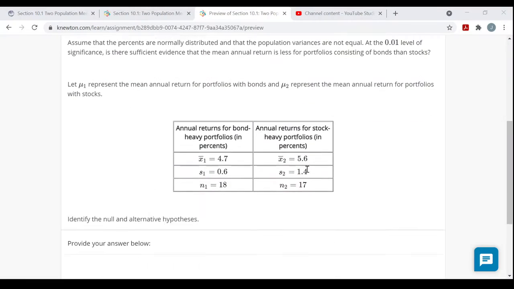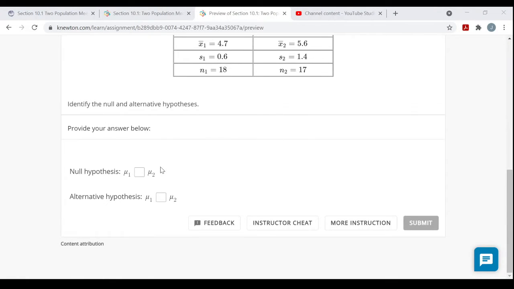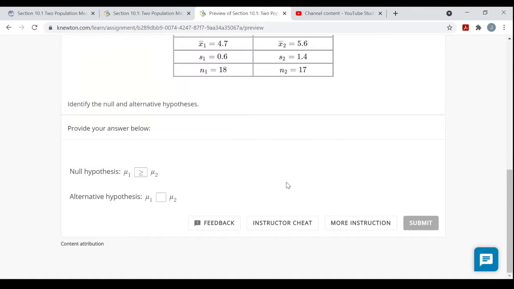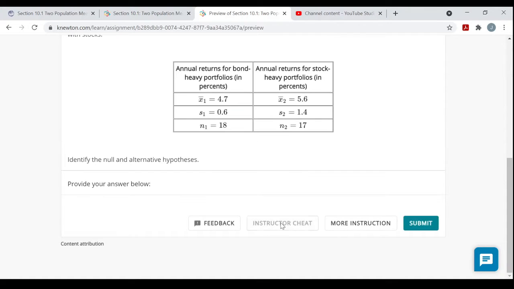Alright, so back here. I wonder if they'll take the greater than or equal to, because usually it's just equal to. Let me see for your benefit. Let me just do the cheat here and see what comes up.